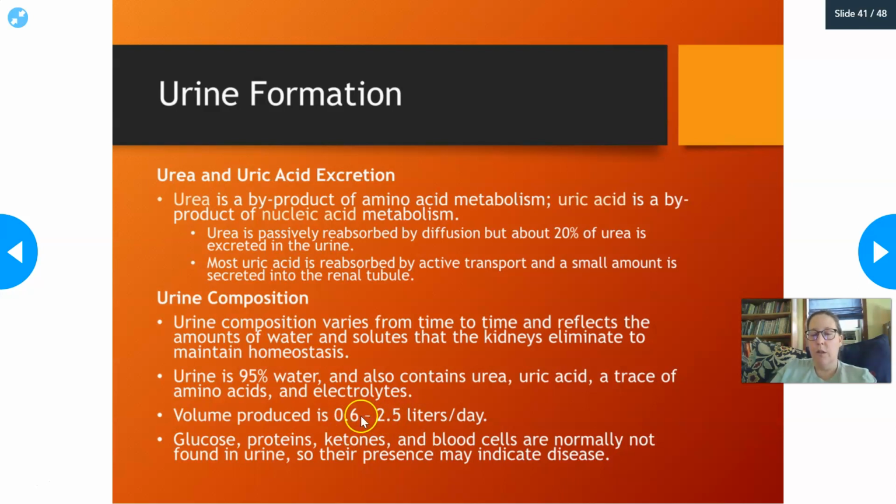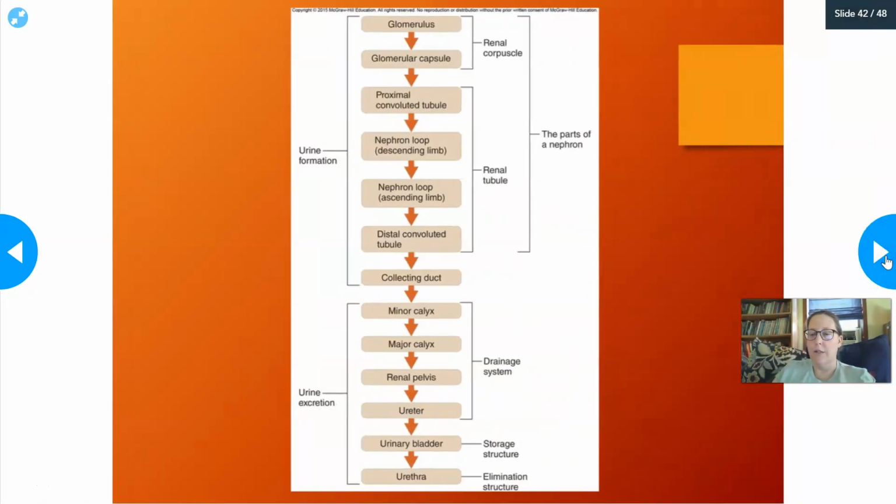You want to go kind of above that to be properly hydrated and drink throughout the day. Glucose, proteins, ketones, and blood cells are normally not found in urine. If they are present, they usually indicate a disease process of some sort, or maybe fasting if there were ketones. But those are all red flags that need to be investigated as to their cause.